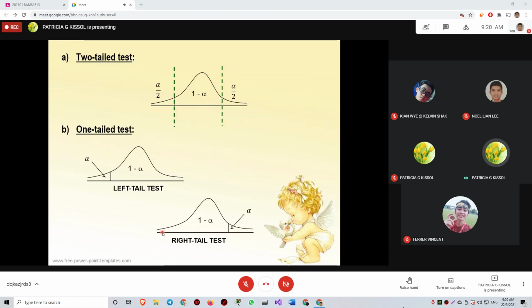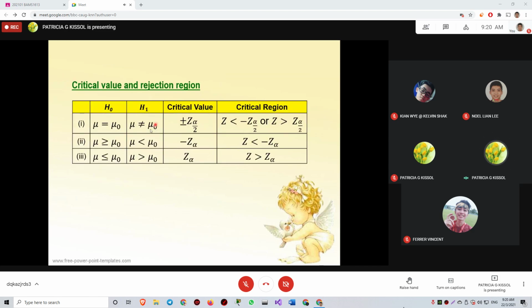Let me check if I did. Yeah, I did draw it here. You can see this is a two-tailed test. You can see the alpha is divided by 2. So this is basically the rejection region. So going back to the previous slide, we have the left tail. Yeah, this is the left tail. So you can see it's negative.